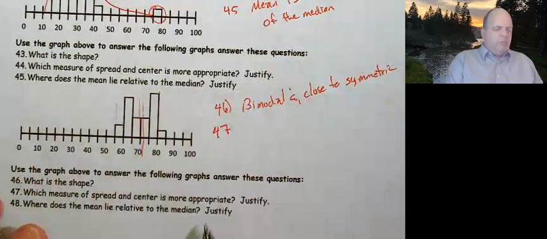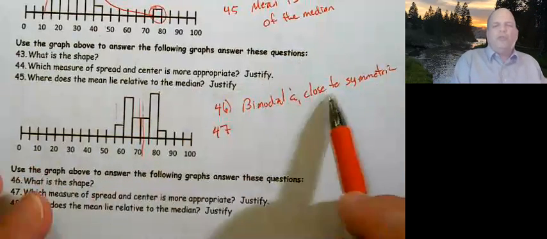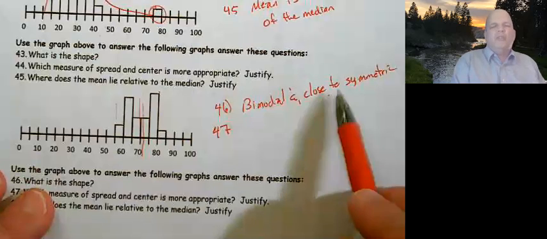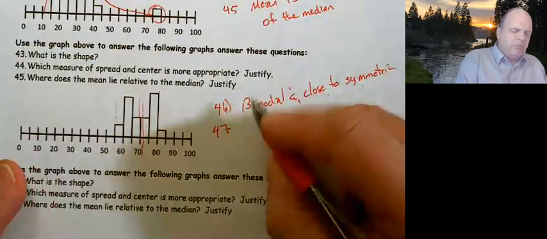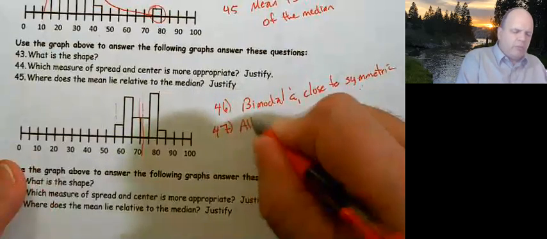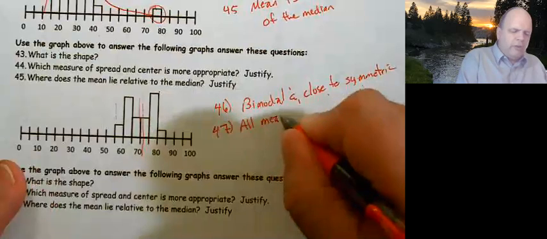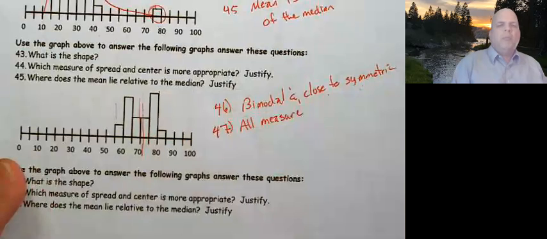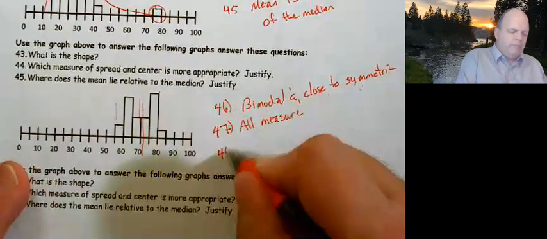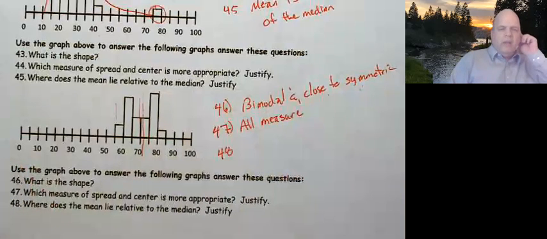What measure of spread is more appropriate? Since it's close to symmetric, all measures, and there are no outliers. All right, all measures, all of them are appropriate. And the next one, where does the mean lie relative to the median?